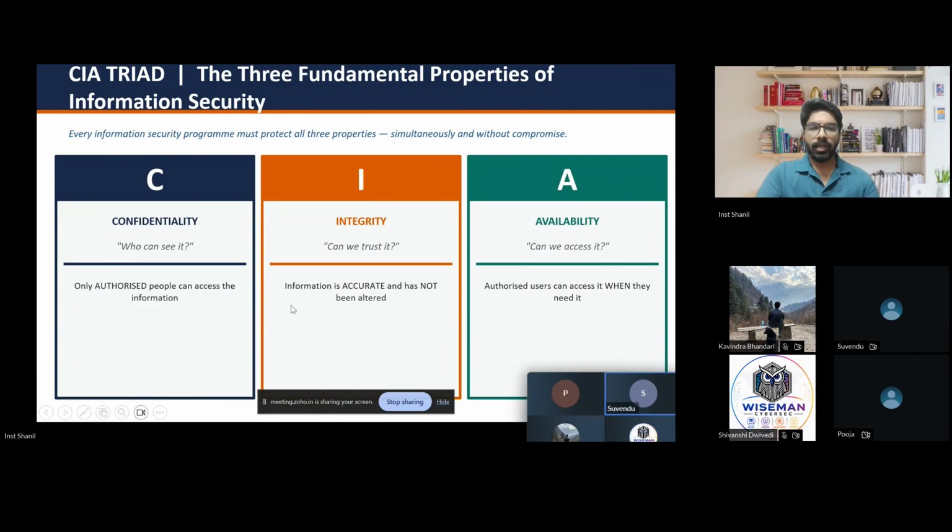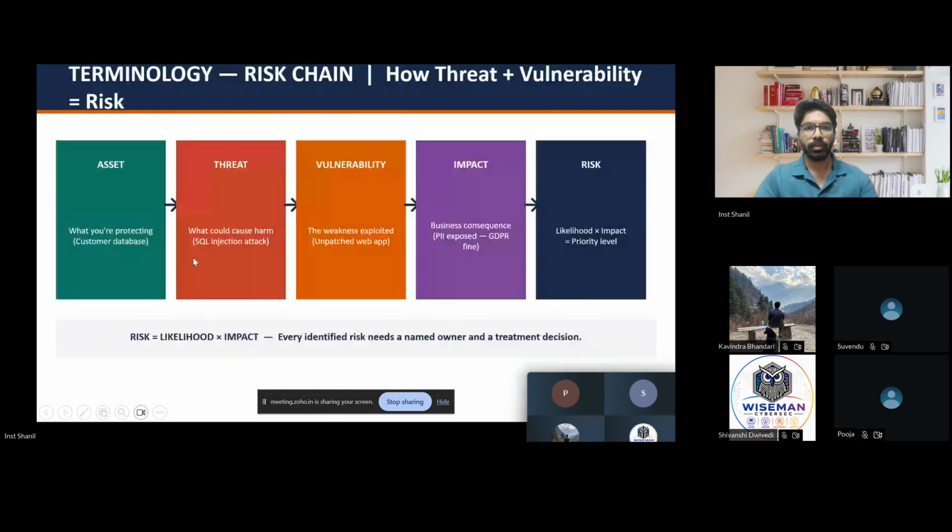Obviously, it falls to integrity too, whether the information is accurate and has not been altered. That is the second step. And it will also involve availability because the HR records should always be available. But primarily, it stores the confidential data of all the users or employees of the company.